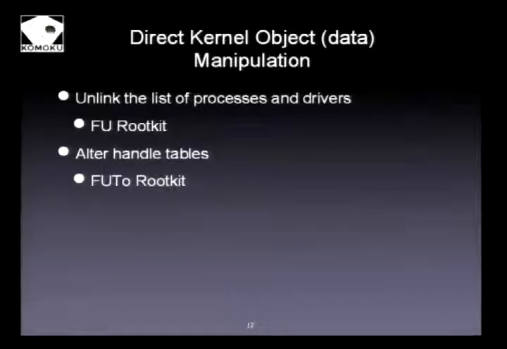I started that with the FU rootkit, and then recently it's progressed to the FU2 rootkit, which not only unlinked the linked list of processes, which is a data structure within the kernel, but also took the additional measure of unlinking the handle tables and going after the handles themselves in memory, because there was a security product on the market that was using the handle table in order to find the hidden processes.